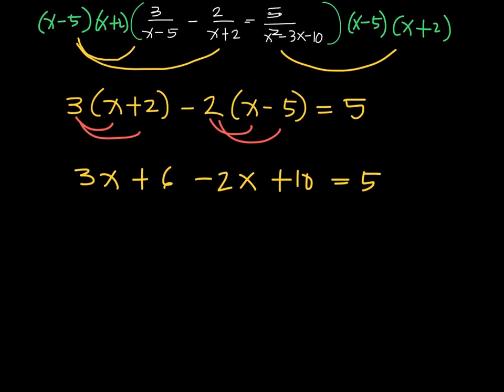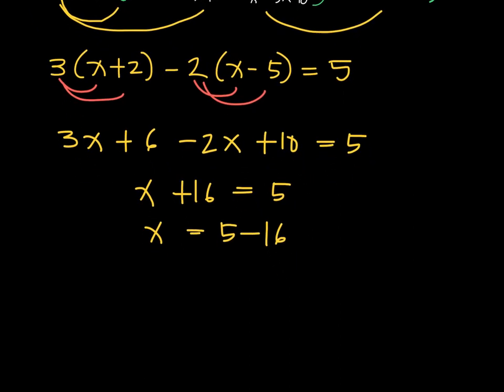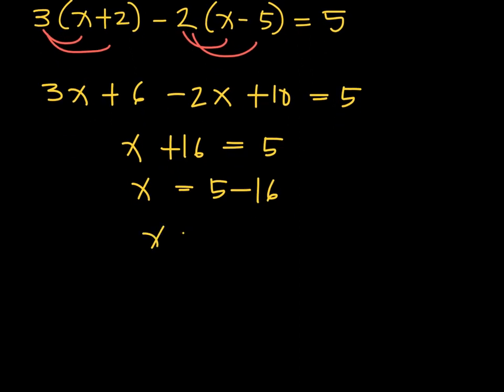Then you have 3x and minus 2x as like terms. 3x minus 2x is x. 6 plus 10 is 16, and then equals 5. And then x is equal to 5 minus 16. 5 minus 16 is equal to negative 11.